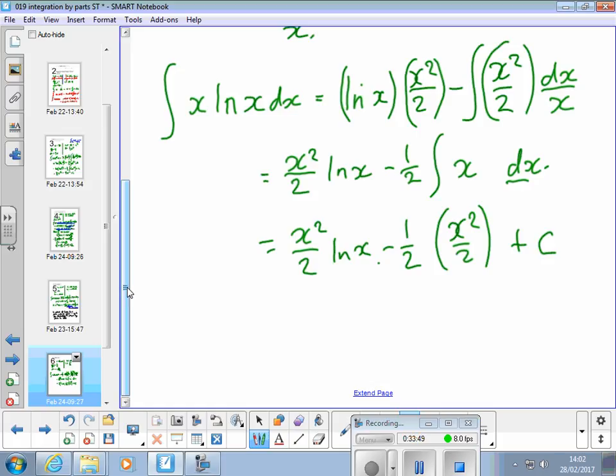Anything else we can do to simplify that? I'm not saying you would have to as an answer in an exam question, I'd take that. But we could multiply out this half and this half in here, making that x squared over 4.